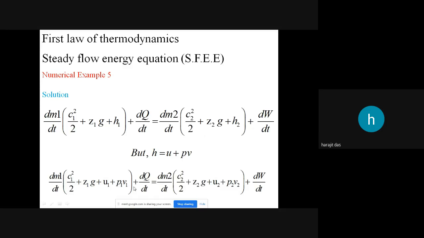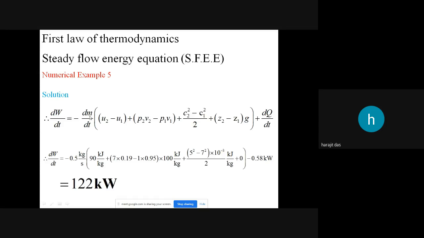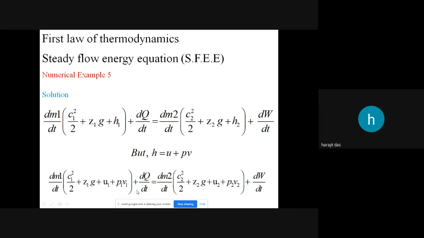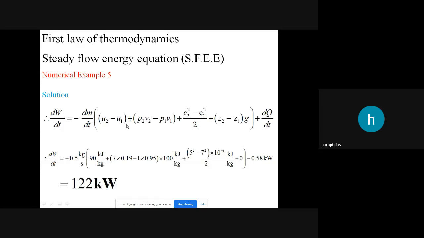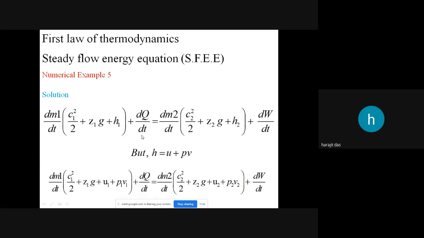If you subtract it, you need to give one negative sign, and from here it will come to the right hand side, so dm by dt times (u2 minus u1). Like this, your equation will be converted. This is the same equation as that one, just a further arrangement of the terms.